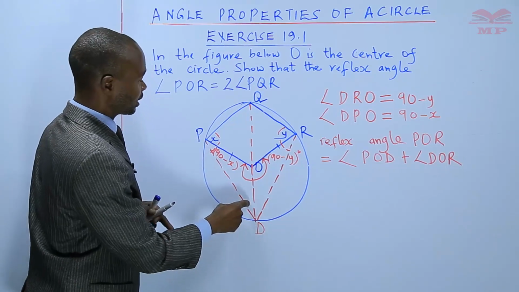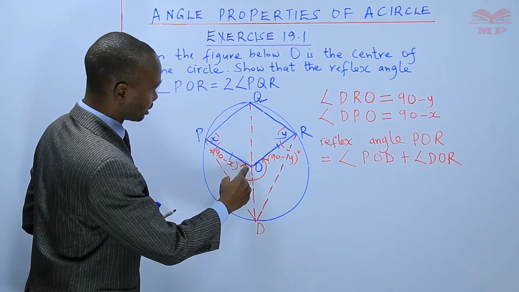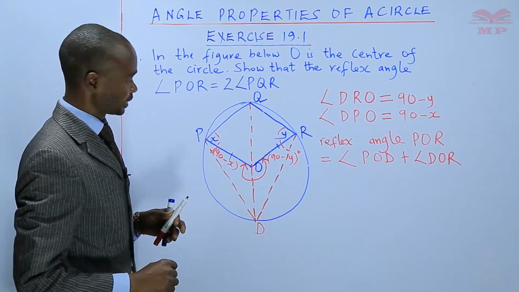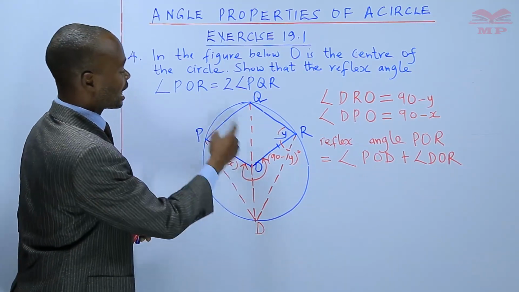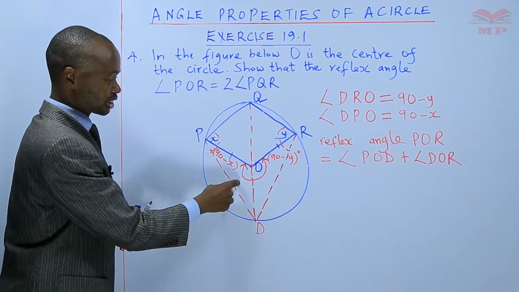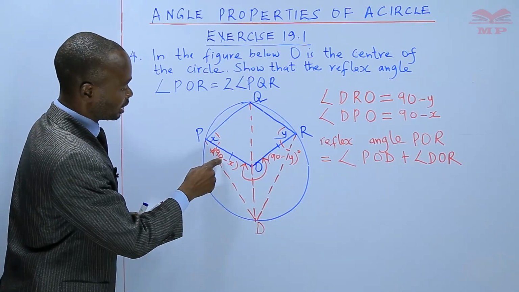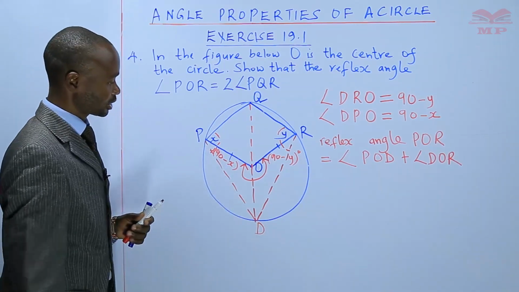So this value is the same as that value. So if I want to get POD, I'll take the sum of the angles in a triangle, which is 180, and subtract the sum of the two equal angles of the isosceles triangle.